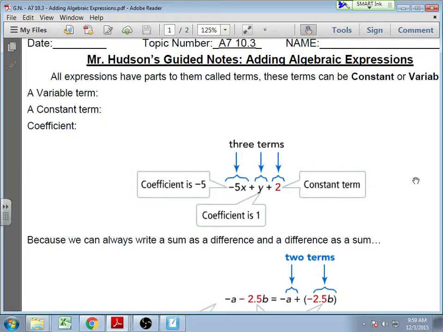The value. So a variable is an unknown value that we express with what? With letters. So an unknown value expressed, and it could actually be symbols too, but we'll make life easy and just say expressed with letters.